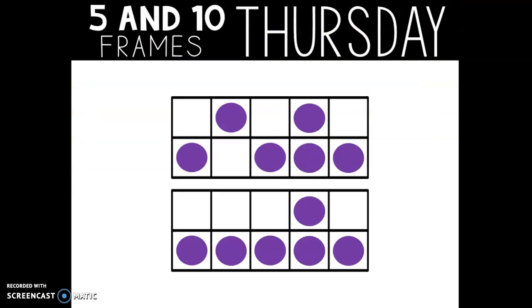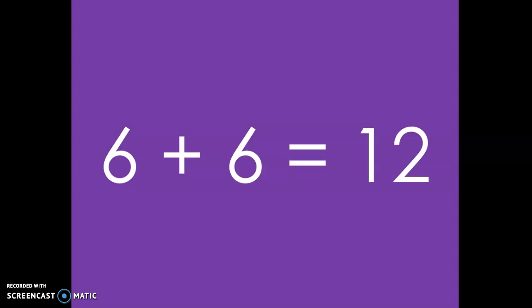Let's look at this one. Okay. So if you could tell how many were up at the top, there were 6, and how many were at the bottom? 6. So 6 and 6 together equals 12, 12 dots.